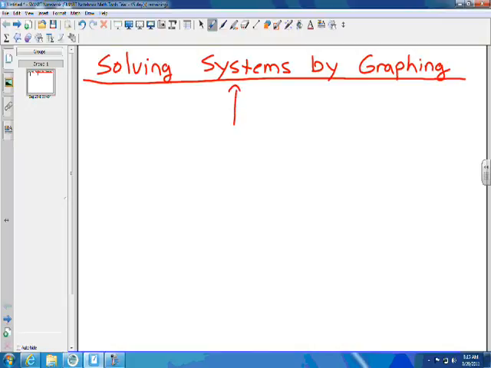Does anybody know what a system of equations is? You've done them before. Solving systems just means more than one equation. So one or more than one, or 2 or more, however you want to look at that. And for the first 2 sections, it's just 2 equations. So a system just means 2 equations.